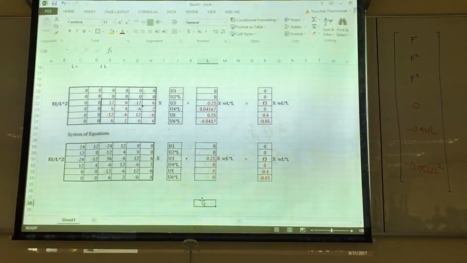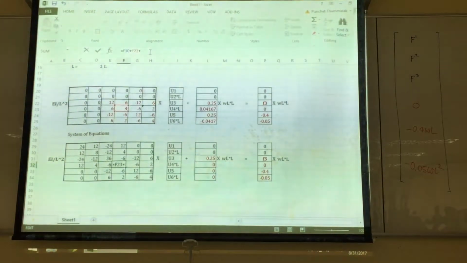I think this looks like the thing behind the board, but you will need to add the spring stiffness to the degree of freedom number 4. So you add it by how much? 10.